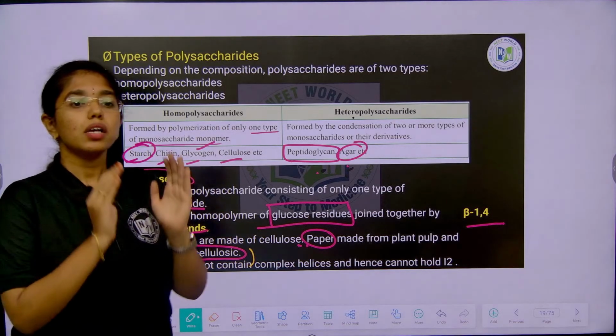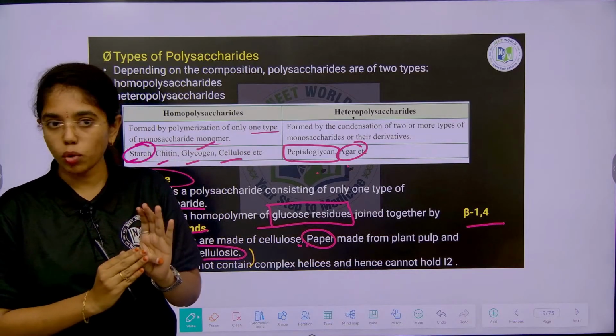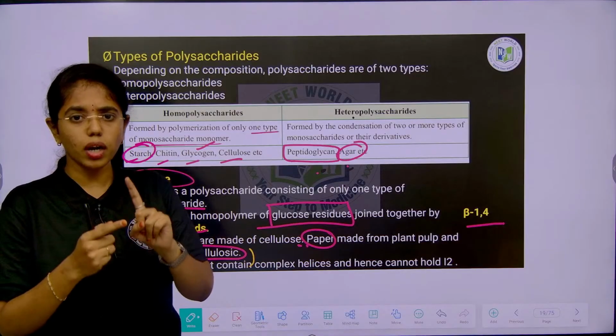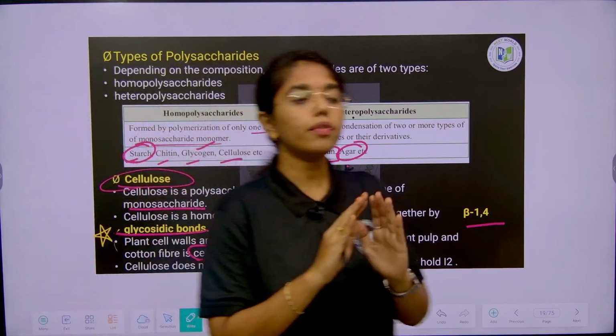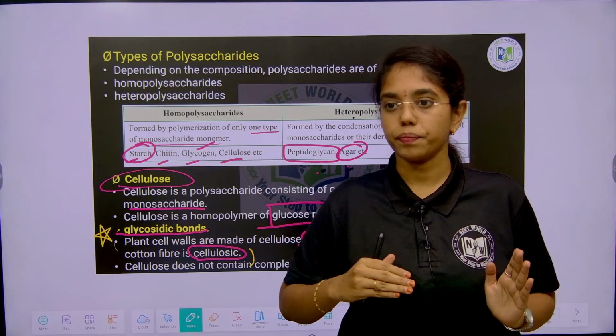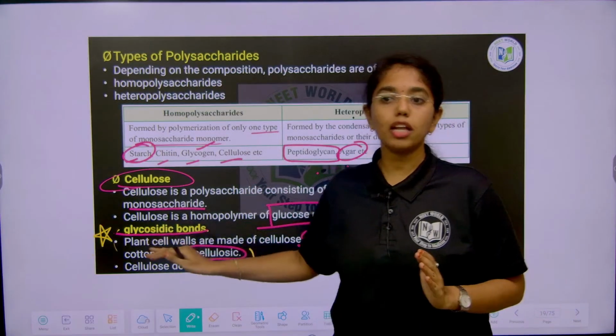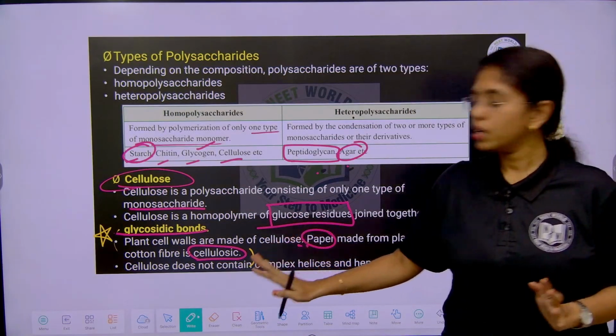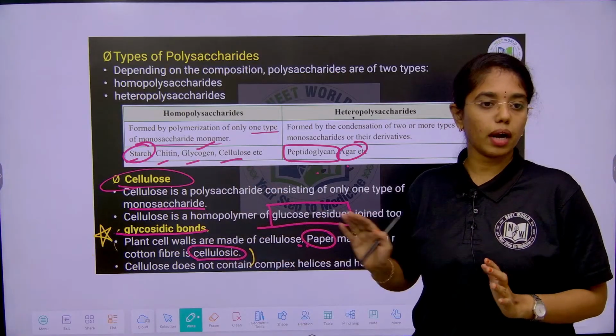Paper which is made from plant pulp and cotton fibers are cellulosic. And as cellulose has just one monomer and there is no complex formation between that, it just has what? 1,4 glycosidic bond. It will not form any complex with iodine like how starch is forming. Like how starch is forming, cellulose will not form any complex with what? Iodine. Okay. So, these are the points you have to remember under cellulose.